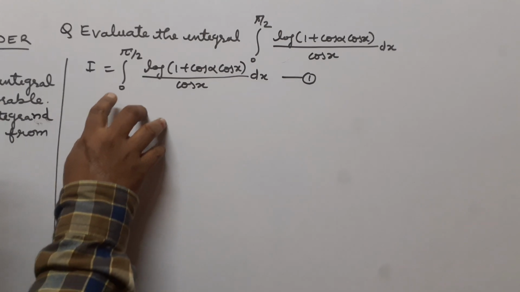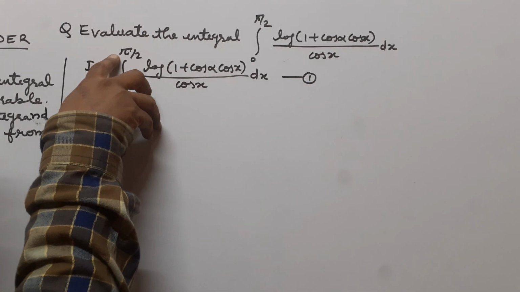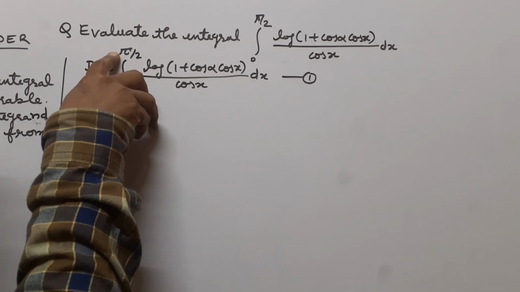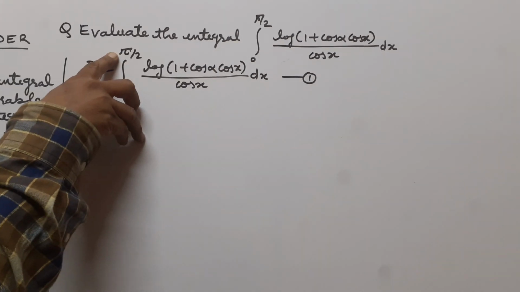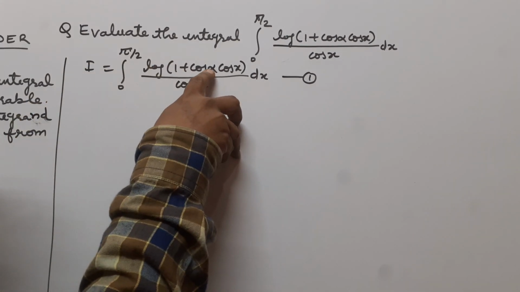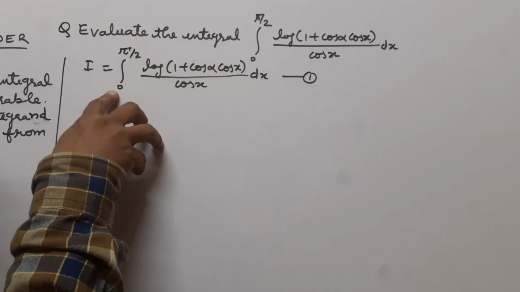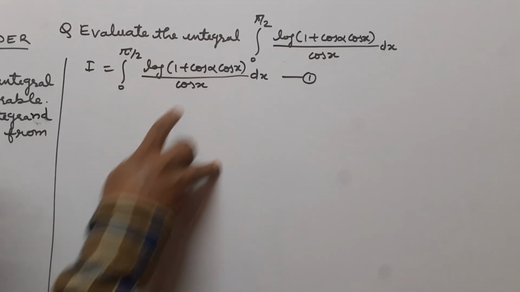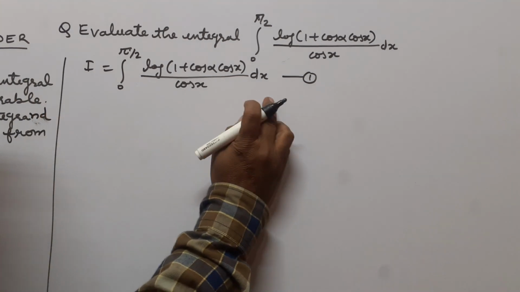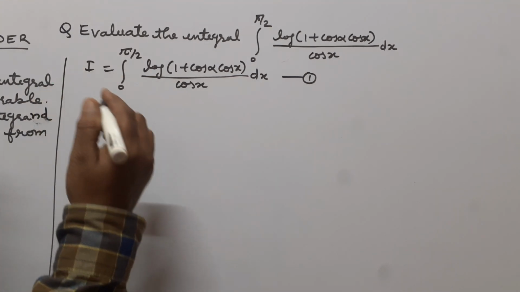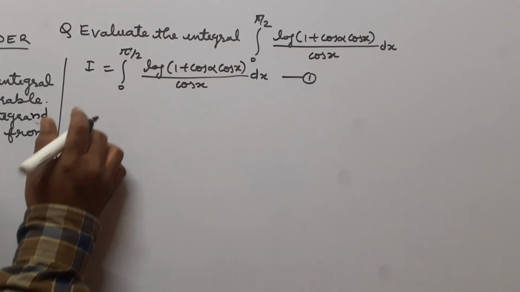Here the limit of this integration is 0 to pi by 2, and this is the limit of x. The quantity alpha is independent of the limit of integration, so alpha is the parameter. So for evaluating this integral, first we differentiate this integral with respect to the parameter alpha.